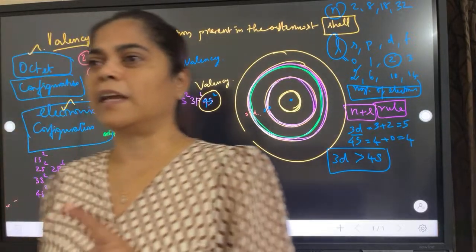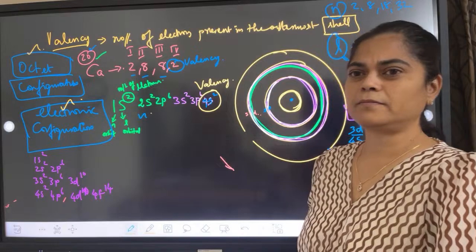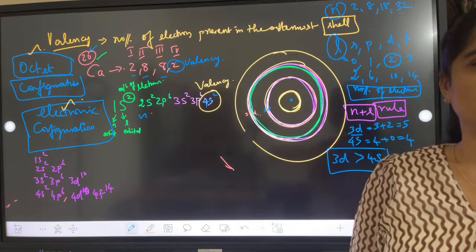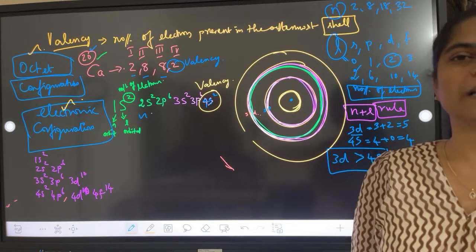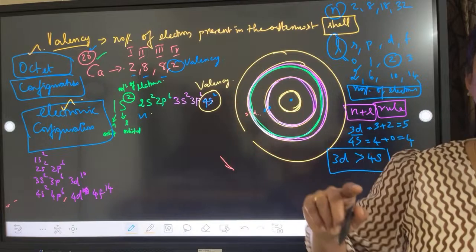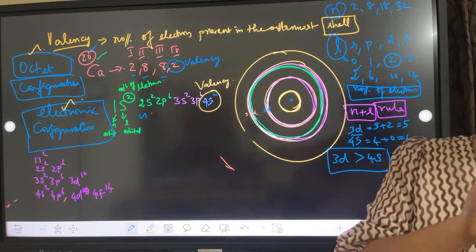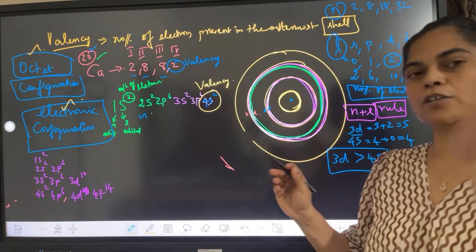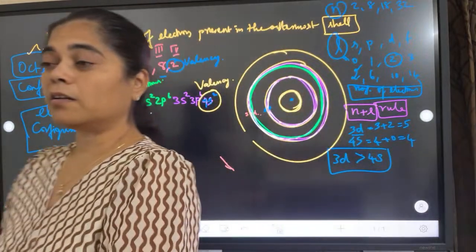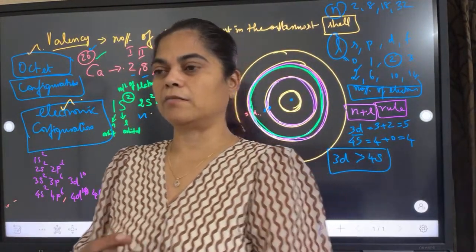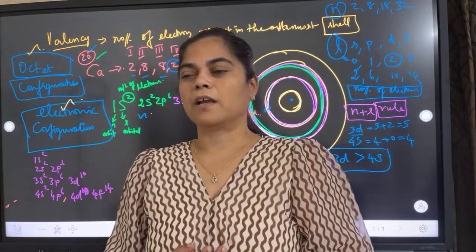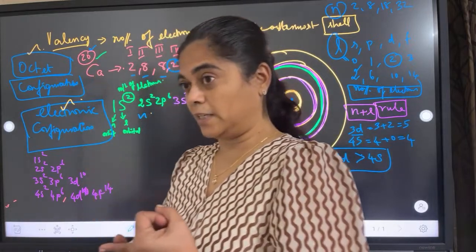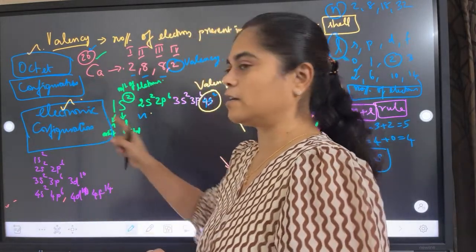What were the assignments I gave? Check Google for examples of isobars and isotopes. And the next assignment: in your periodic table, right from the first element to copper, which is 29, write the valency by writing both the octet configuration and the electronic configuration.